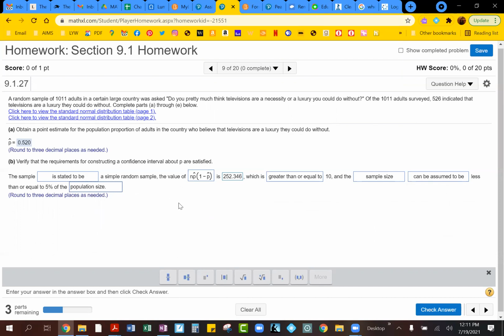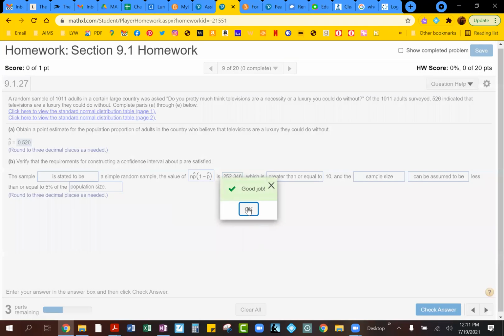We don't know what their population is. So the best thing we can do here is just assume that this 1,011 people that we are surveying is going to be less than or equal to 5% of the total country's population. So that part, we definitely make an assumption on. So we will need to check our answer.